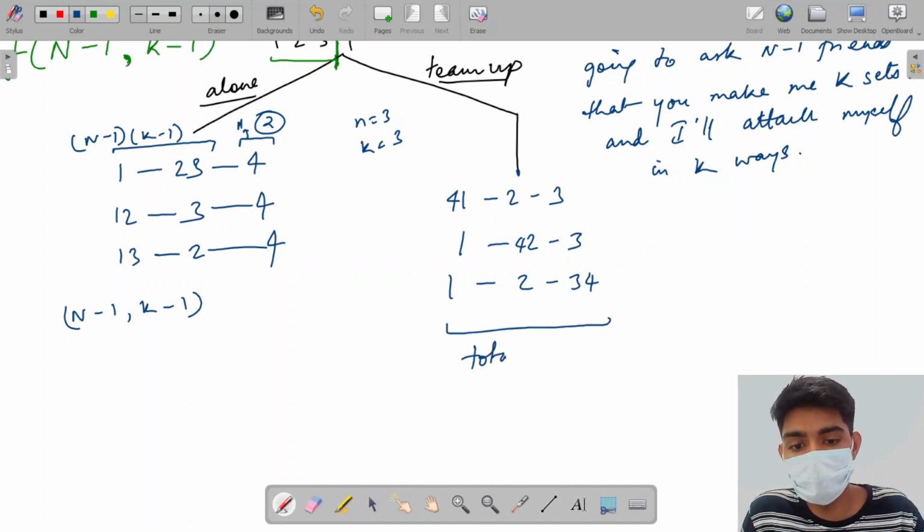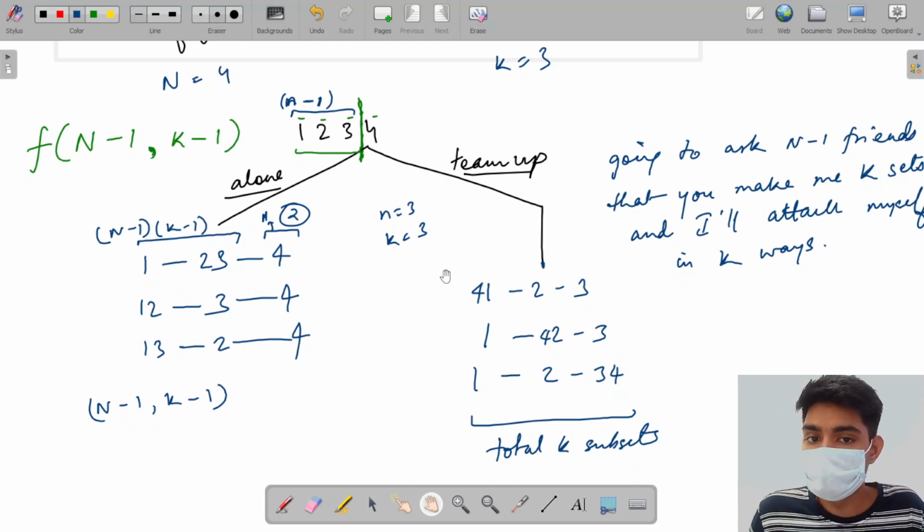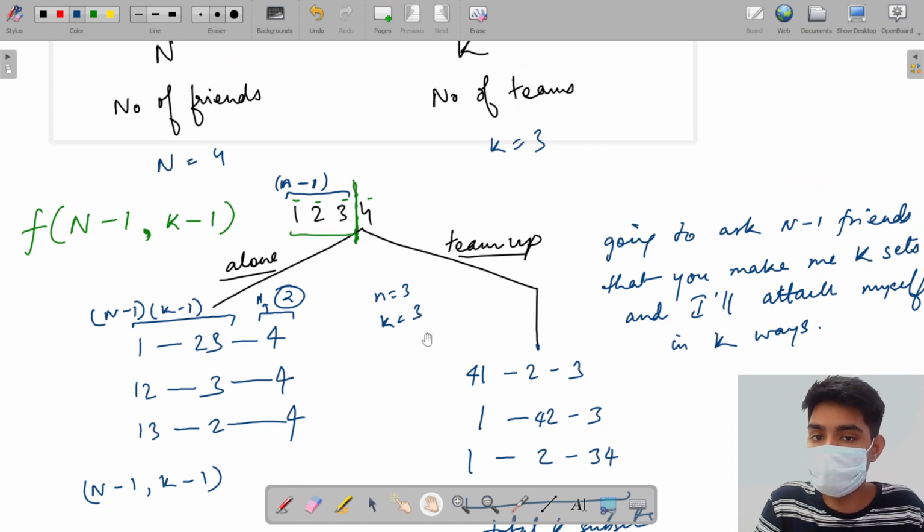This would be my answer if my element decides to team up with someone. This might not be as clear.